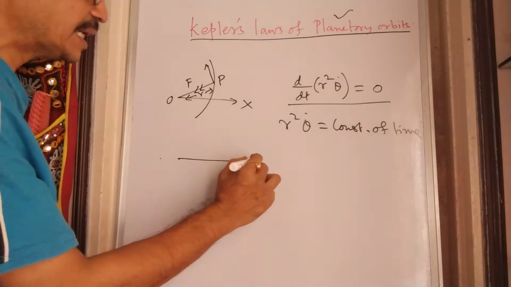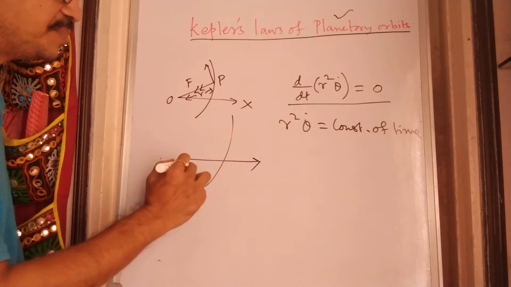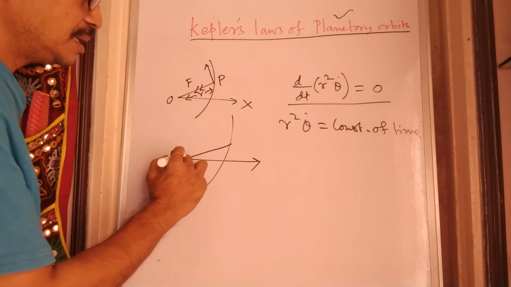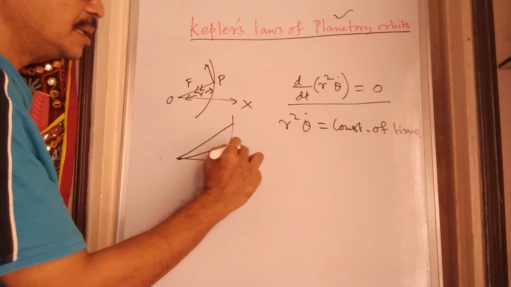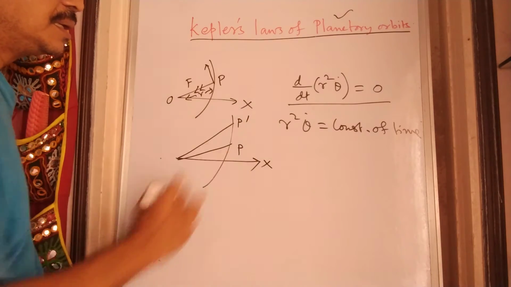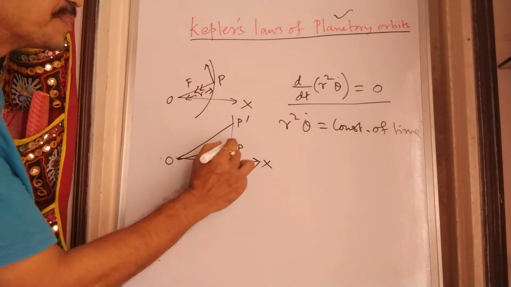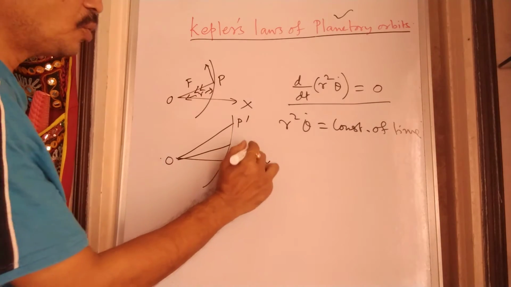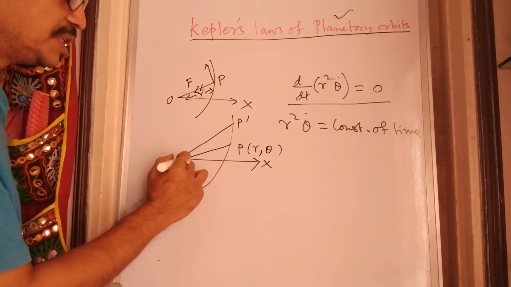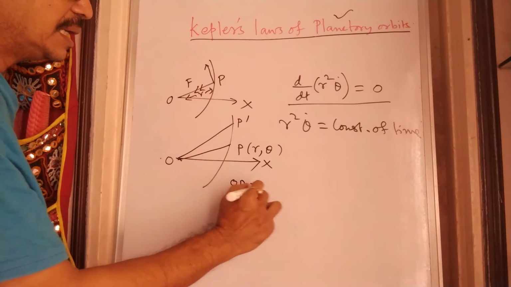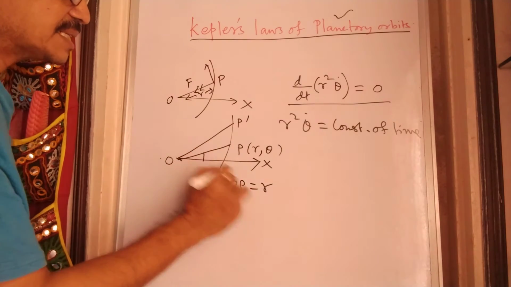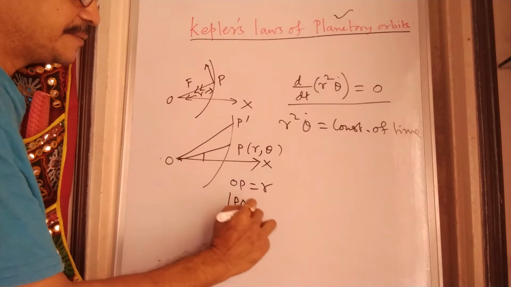And now let us take a look at this picture. This is O, this is P having coordinates r and theta. So this measures r and angle POX measures theta.